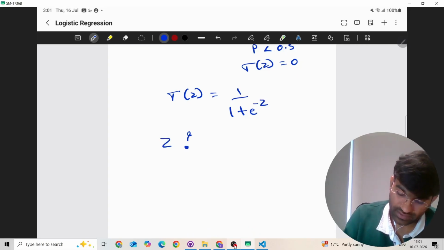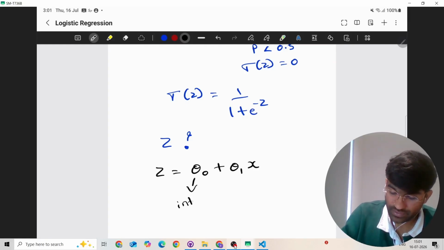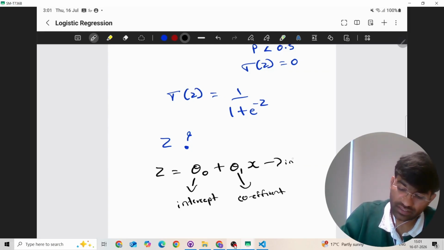What is z? Z is nothing but the linear equation. Z is equal to theta naught plus theta 1 x. Theta naught is the intercept, theta 1 is the coefficient of x, and x is the input variable.